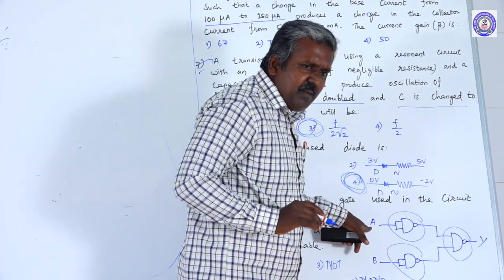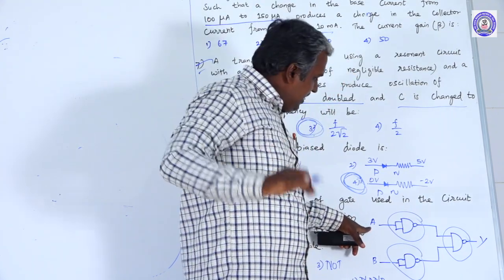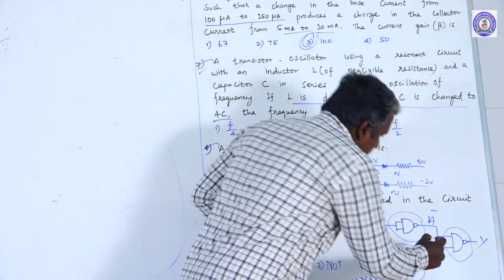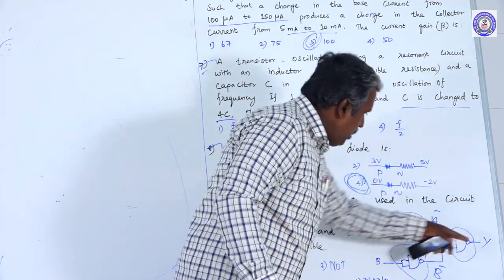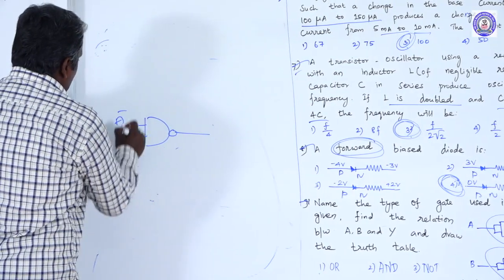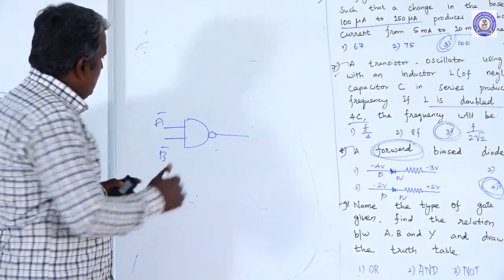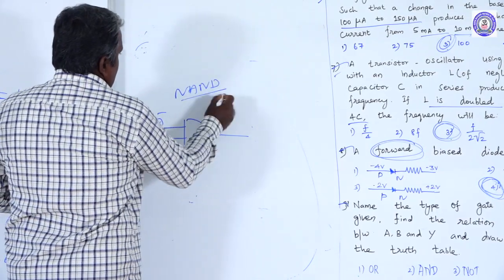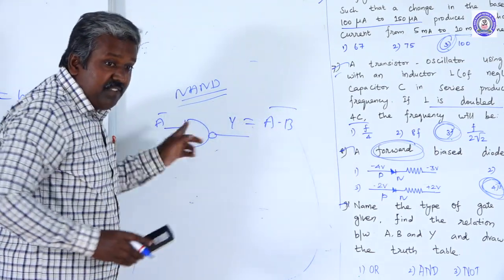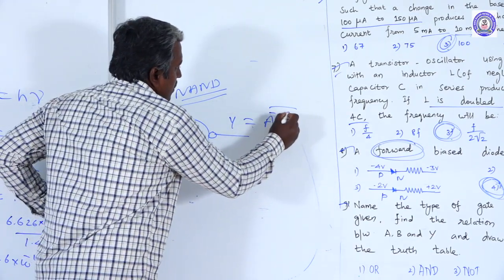If A, B are inputs, what will be the output of a NAND gate? A B whole complement. But here there is only A, so A complement. And B, B complement. Now A complement and B complement are the inputs for the last NAND gate. For the last NAND gate, Y is equal to AB whole complement, but here A complement and B complement are the inputs. So that's all.